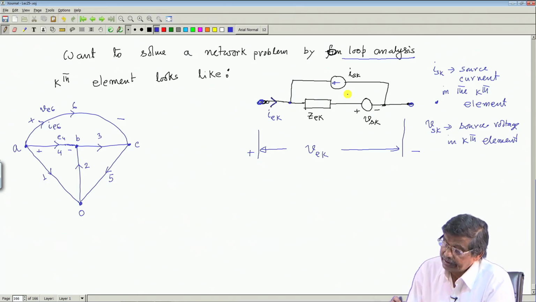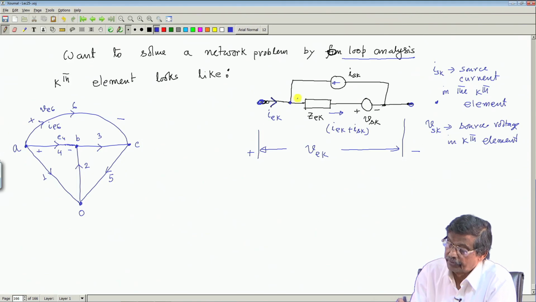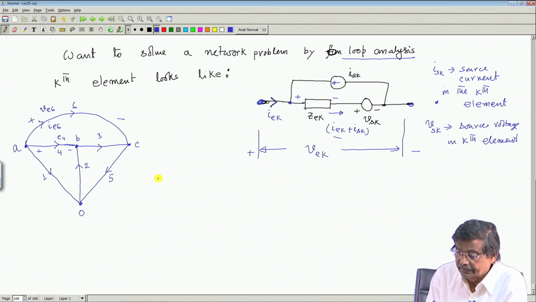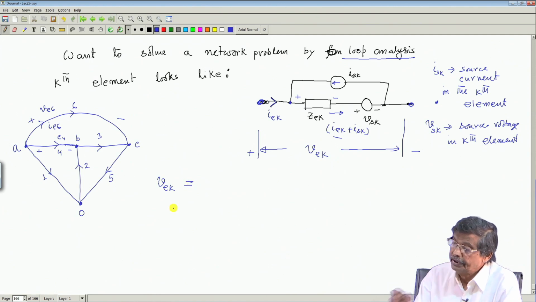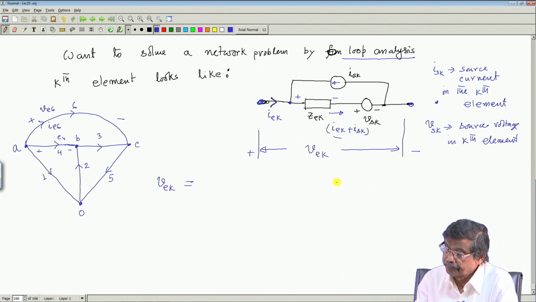Now, the current flowing through this branch will be ISK plus IEK, apply KCL here. So this current, IEK plus ISK, flows from left to right. There will be a voltage drop here, ZEK into this current. So you can see that VEK will be VSK, this to this plus, then plus this voltage drop.